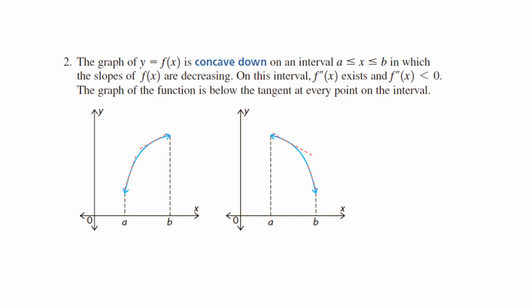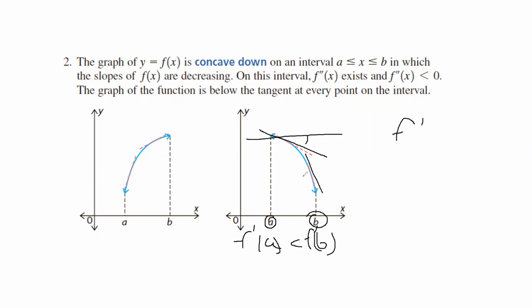And also, the first derivative at A would be less than at B, right? The first derivative at point A should be less than the first derivative at point B. Make sense? Yeah. The slope of the tangent line is getting more negative.